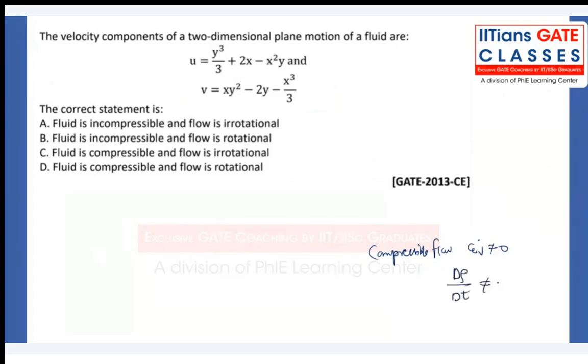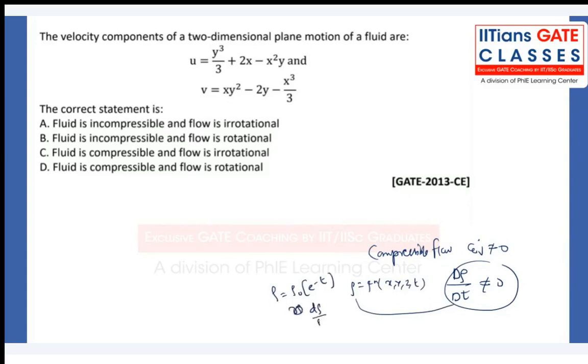Then how can you decide whether rho becomes a function of x, y, z, and t? Maybe rho is equal to rho naught times e to the power minus t. Then also this d rho by dt will not be equal to zero.